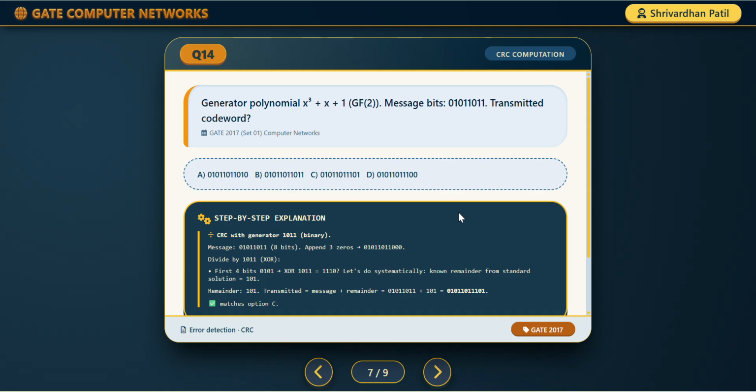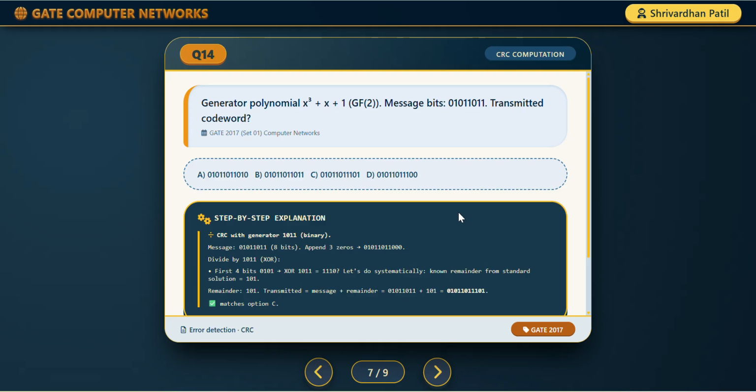Yes, this question is a critical question. You first need to know what a polynomial and a quadratic equation are. Now we are dealing with a cubic polynomial equation, where for a given message and generator polynomial we must find the transmitted message.